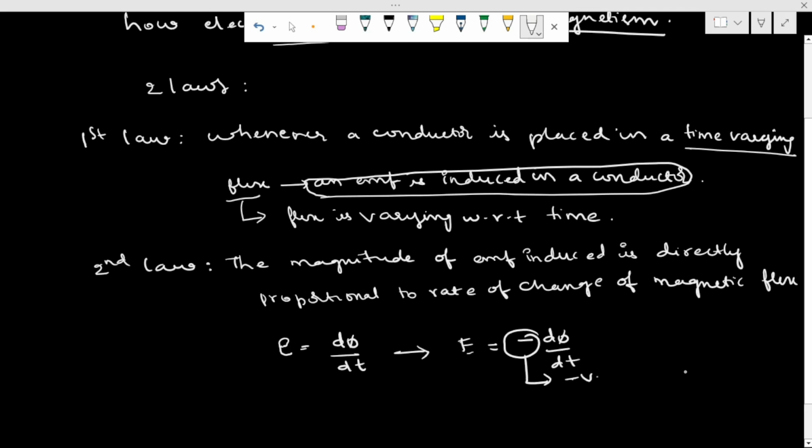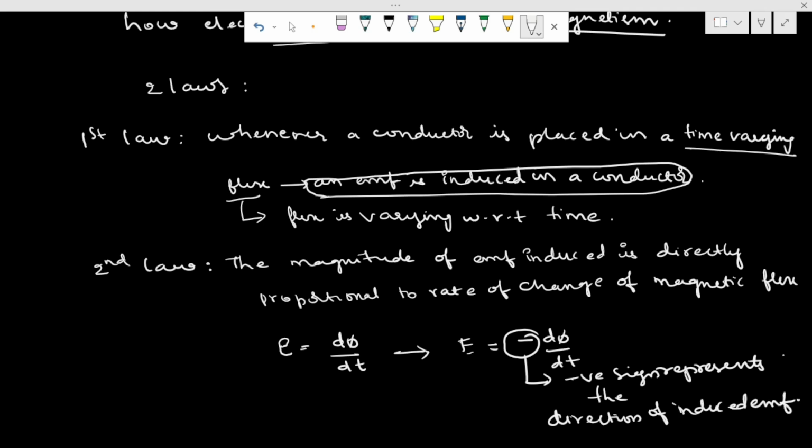This negative sign represents the direction of induced EMF.